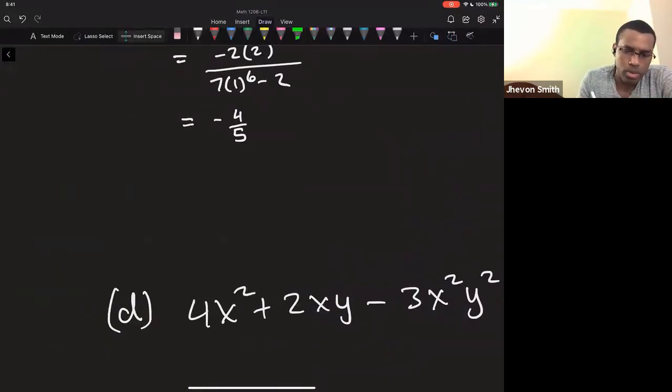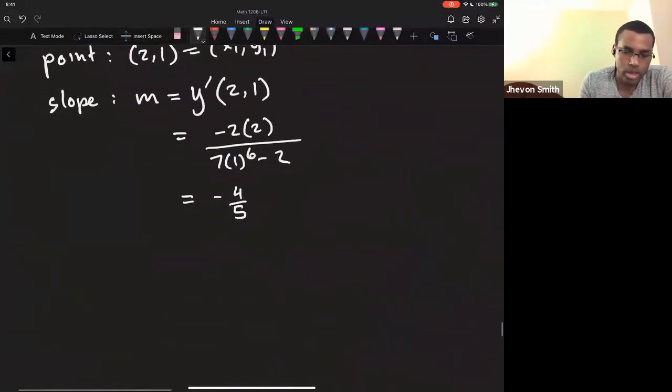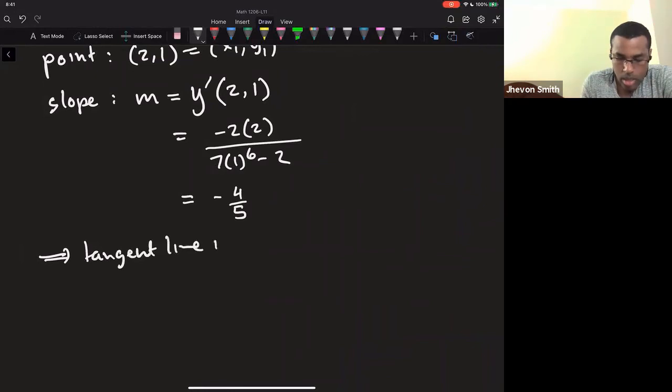So that's the slope of the tangent line, and I know a point. So this means the tangent line is, well, y minus y1 equals m times x minus x1.